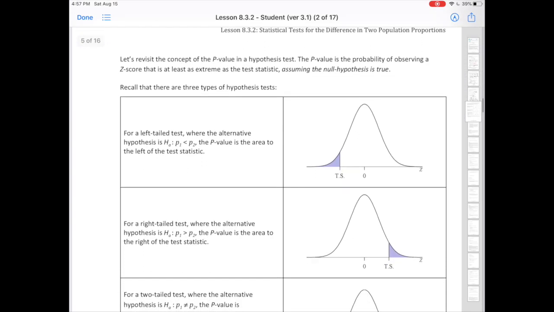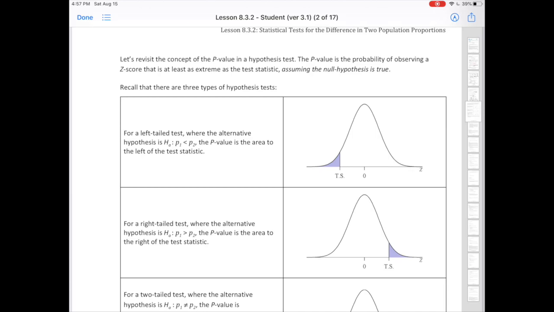So let's revisit the concept of the p-value in a hypothesis test. The p-value is the probability of observing a z-score that is at least as extreme as the test statistic, assuming the null hypothesis is true. Recall that there are 3 types of hypothesis tests.